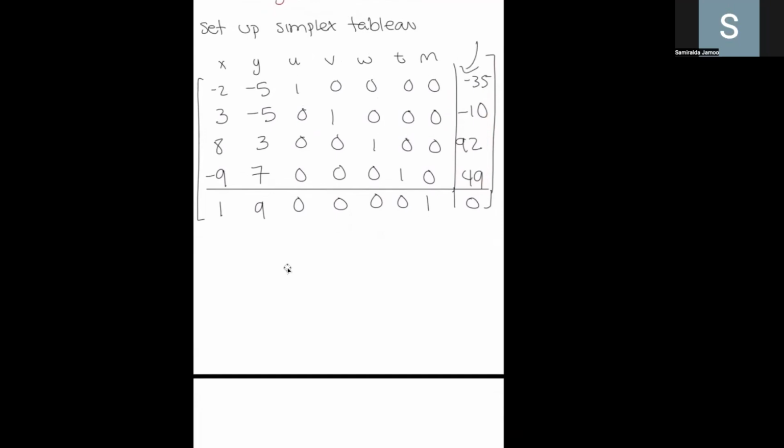This one right here will give me -35 over -5, +7. Whereas this one is -10 over -5, which is +2. So that is a smaller ratio. So that should be the one I want to pivot.